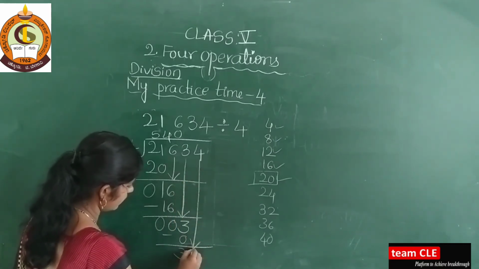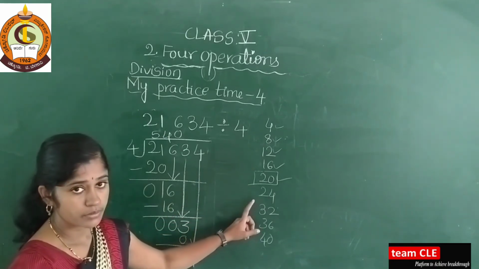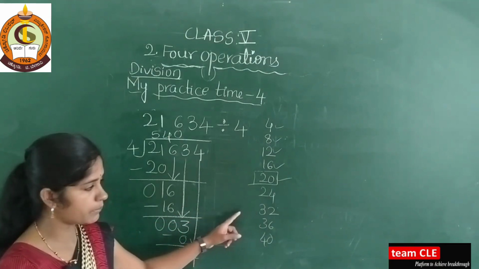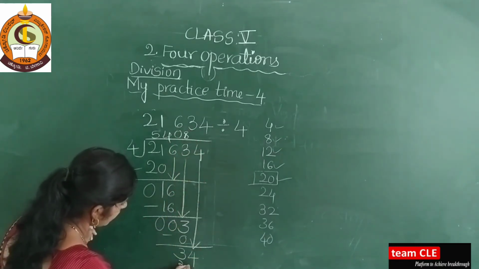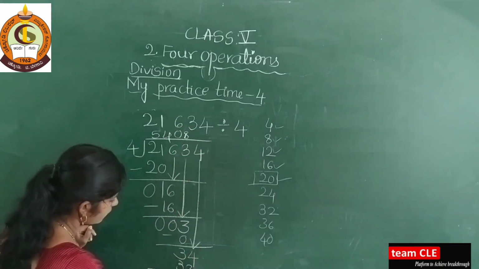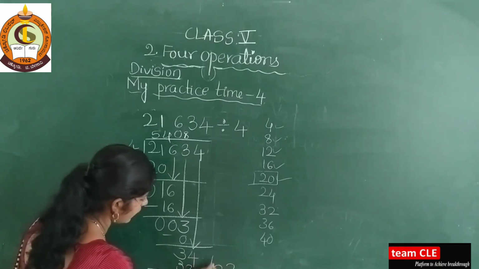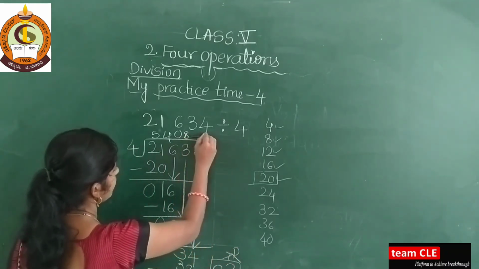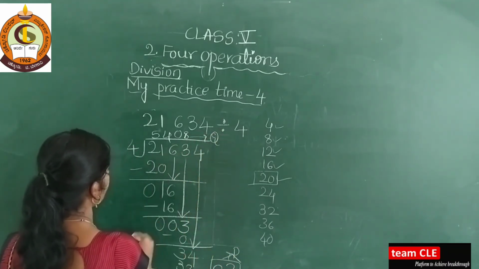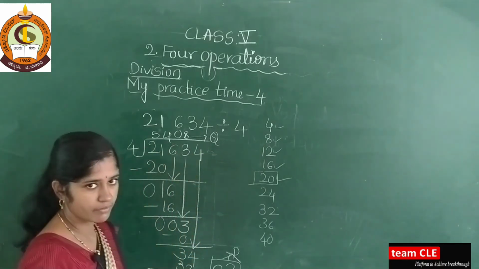Next you take 4 down. Then 32 is the smallest number. 4 8s are 32. 4 minus 2 is 2 and 3 minus 3 is 0. Here I got remainder 2 and quotient 5408, and this is the dividend and this is the divisor.